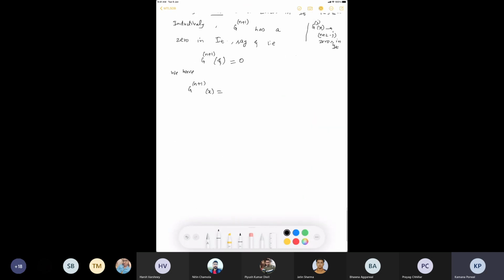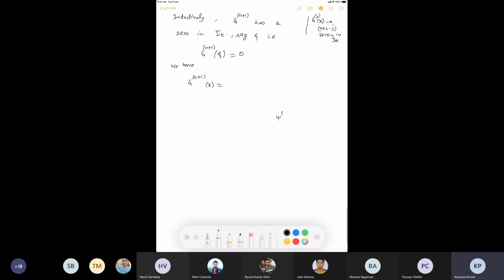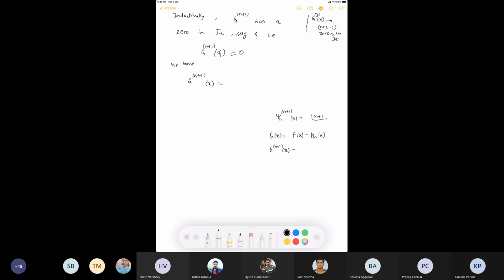You have to check that if you differentiate psi n, which is a polynomial of degree n plus 1, n plus 1 times, you will get a constant, and that constant is factorial n plus 1. And what is E of x? E of x is f of x minus pn of x. If I differentiate this n plus 1 times, this is a polynomial of degree less than or equal to n. So what will happen to the n plus 1th derivative of this function?